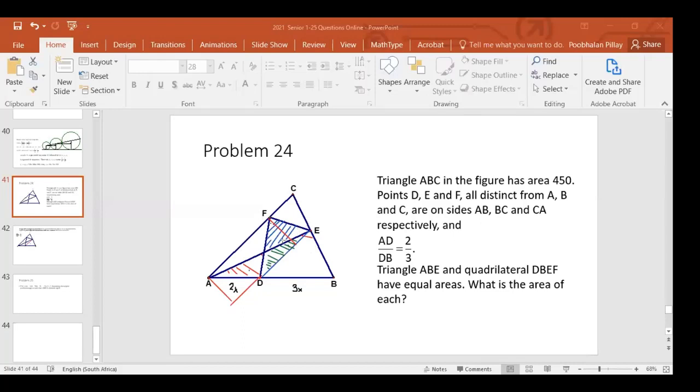Right? This is equal to this, which means that this line must be parallel to it, because the distance from here to there at this point is the same as the distance from there to there. So these two lines are parallel. See?